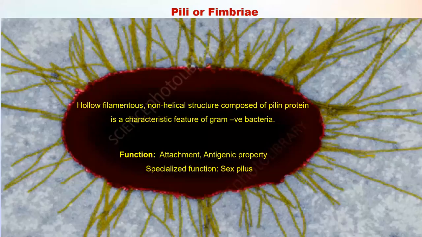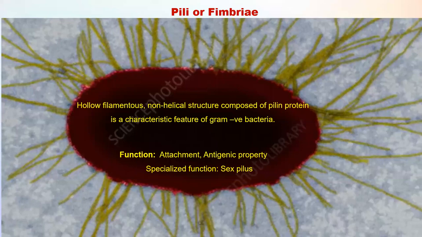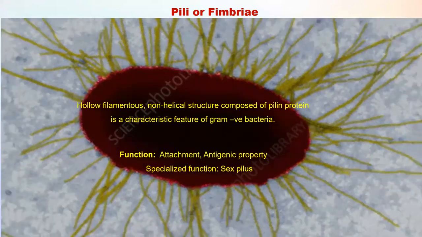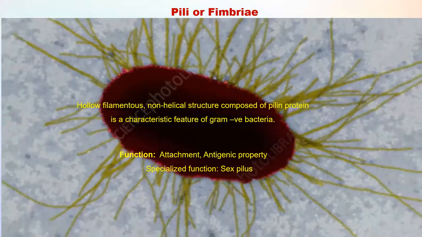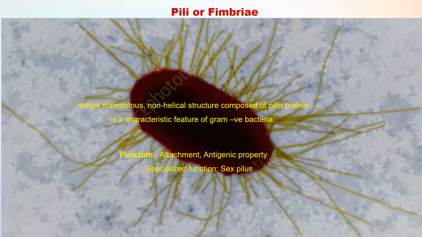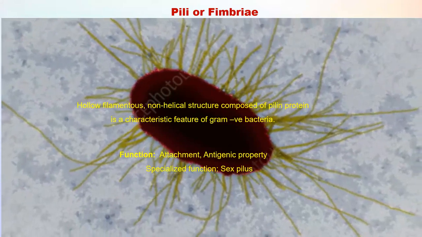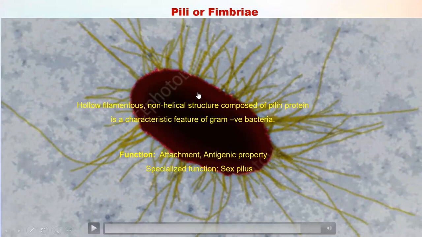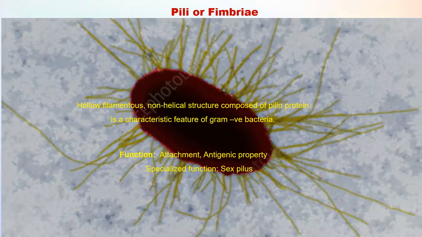Here we can see about pili or fimbriae. Pili is a hollow filamentous structure which is non-helical and found to be numerous and shorter than flagella. Pili is a characteristic feature of the gram-negative bacteria. It is composed of pilin.